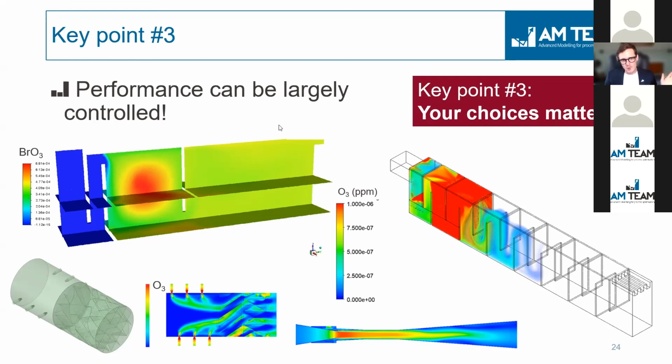It's not only reactor related, you can also talk about equipment. For example, this is more of a pipeline flash reactor with a static mixer. You can look at the dissolved ozone going through, or you can also look at Venturi pipes in detail to better design equipment. So your choices really matter as long as you understand the impact of your assumptions and also the matrix, take it into account. But we are in 2021 and a lot of tools are at our disposal.